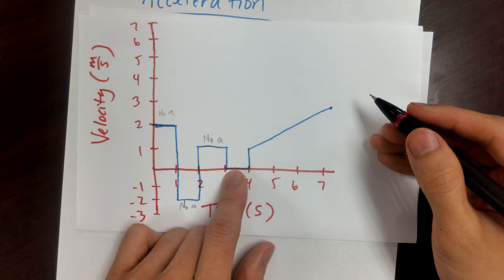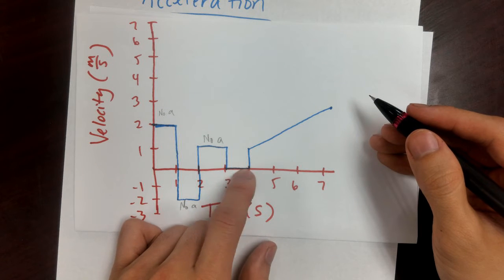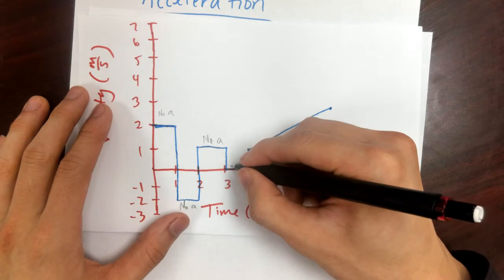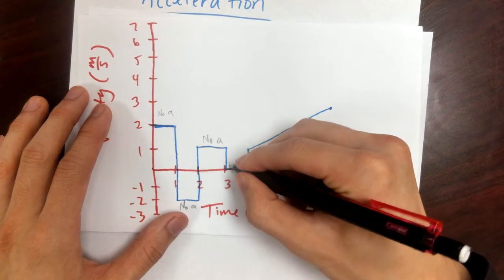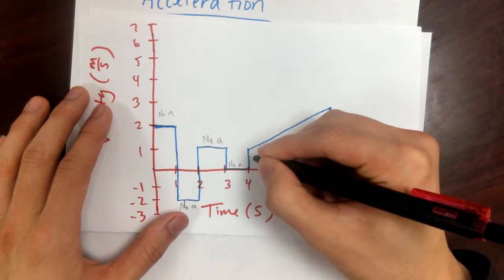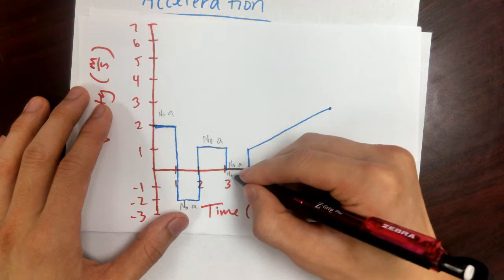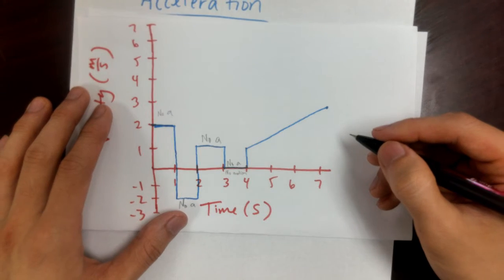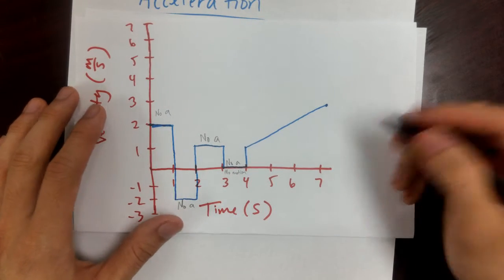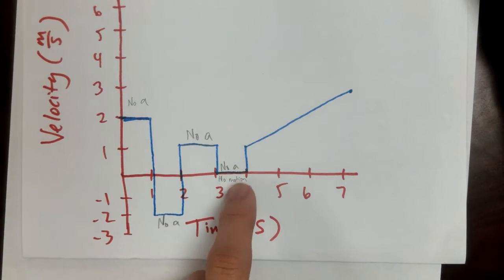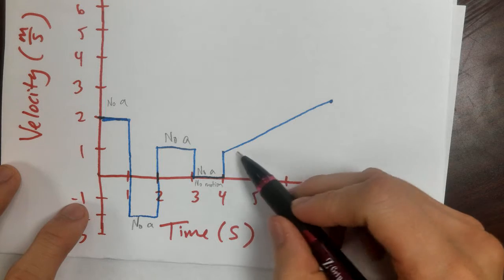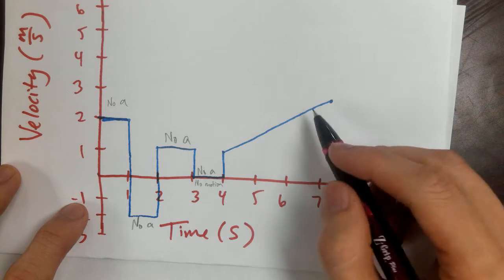This one's a little bit special. There's no acceleration here, but what's going on? It's not even moving. So this would be no acceleration and no motion. I'm going to zoom in. No motion, no A. The last bit is over here.